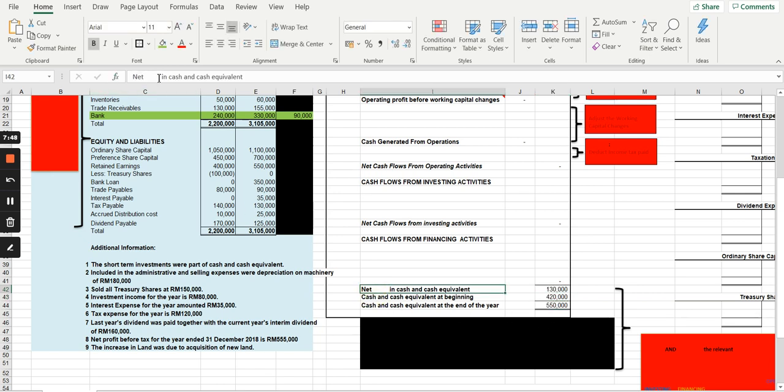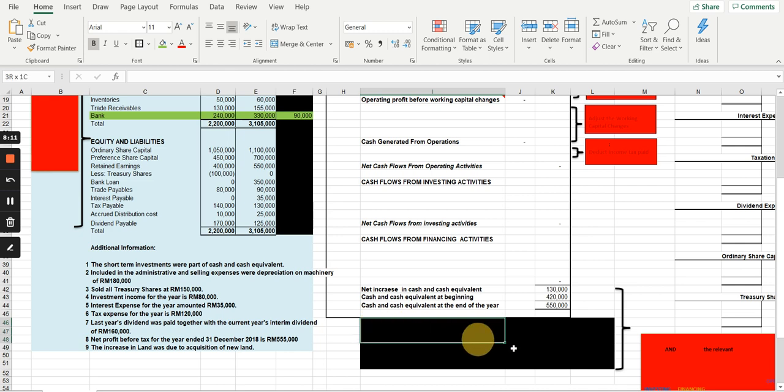So now you can put those effects or those changes in your statement. Okay, you do that. Net changes in cash and cash equivalent here would be net increase. So net increase in cash and cash equivalent.